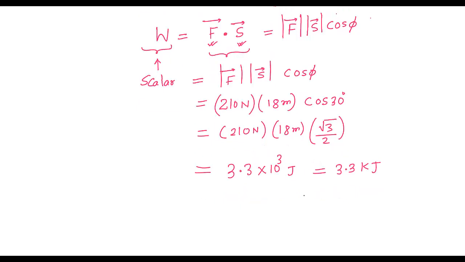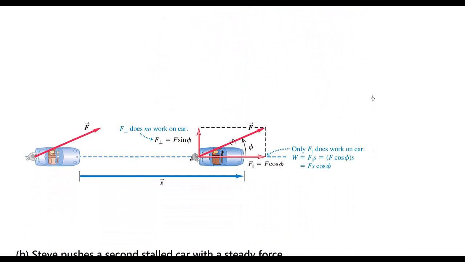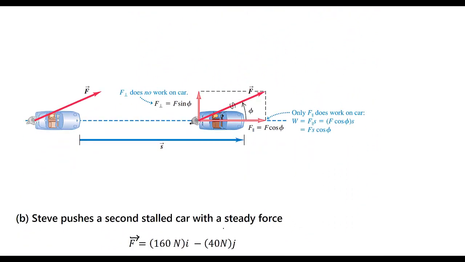We can represent all this using this diagram. This is the initial situation, that is, initially the car is here and then it has moved a distance of 18 meters. Now if you see, this force can be decomposed into two components.